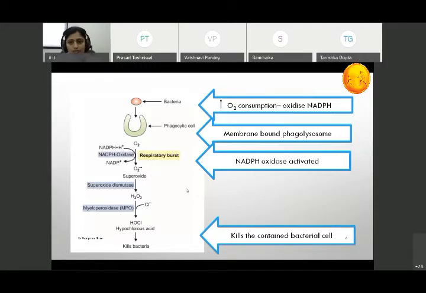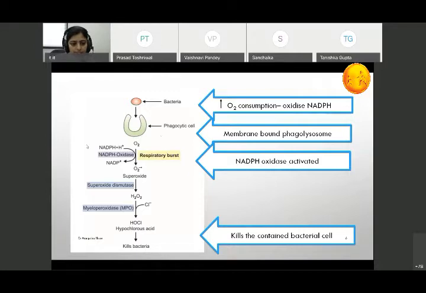Superoxide is formed. As superoxide is formed, we have learned yesterday, superoxide dismutase acts upon superoxide and forms hydrogen peroxide, which is a less toxic form of reactive oxygen species as compared to superoxide. Now this hydrogen peroxide is converted to hypochlorous acid with the help of myeloperoxidase.